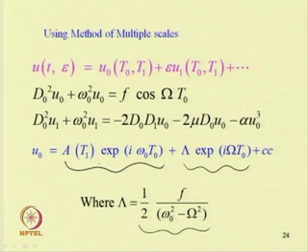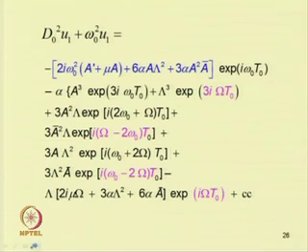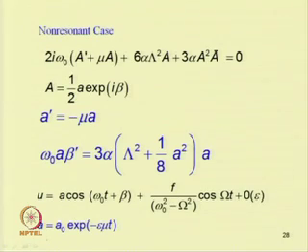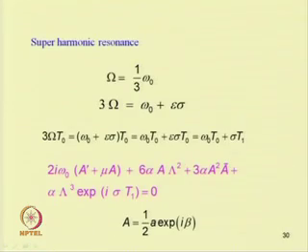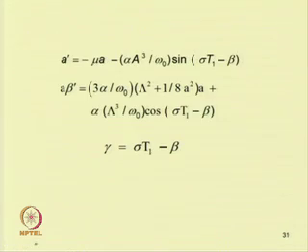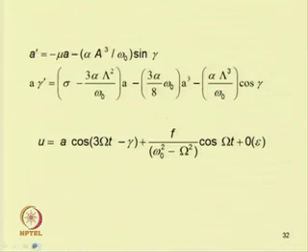Now, substituting this equation in the other equation, one can see that two different types of resonance conditions will be obtained. This will lead to one type of resonance condition and this will lead to the other type. So, we have studied the superharmonic case, where 3 omega equals omega 0 plus epsilon sigma, and in this case we obtained the solution of the system given by this.